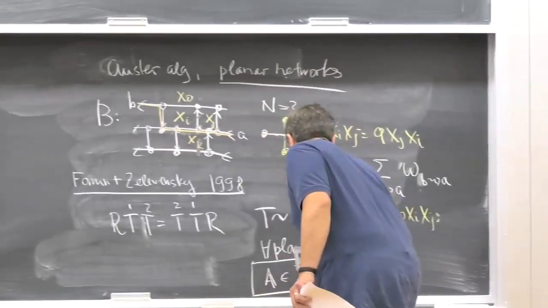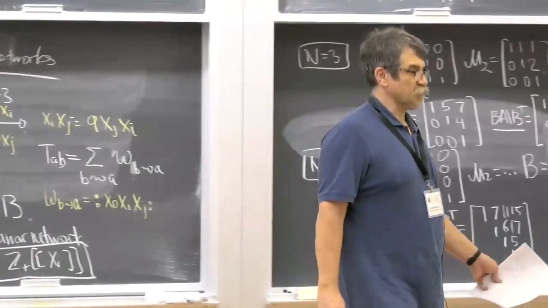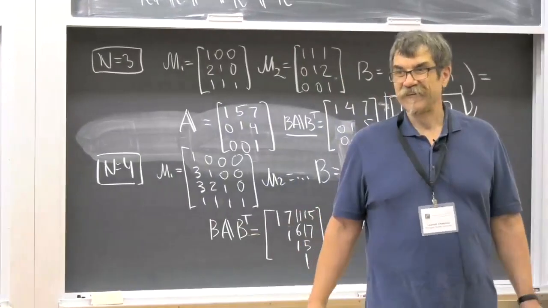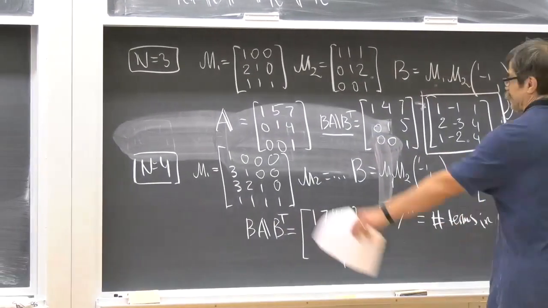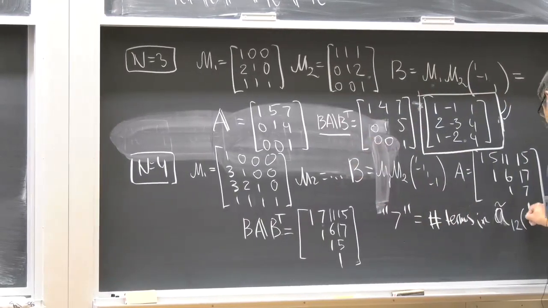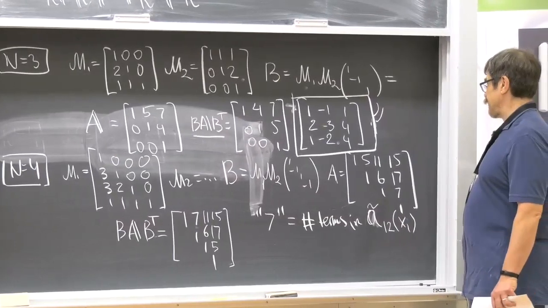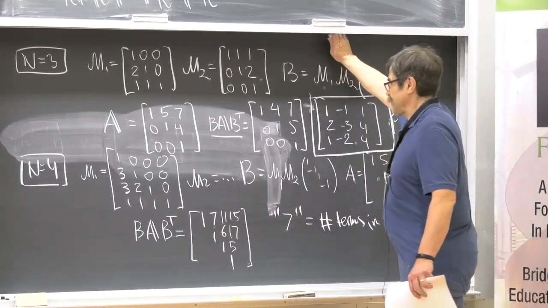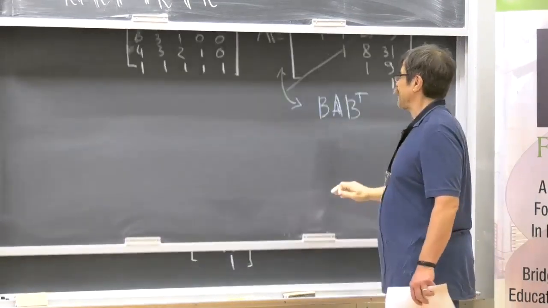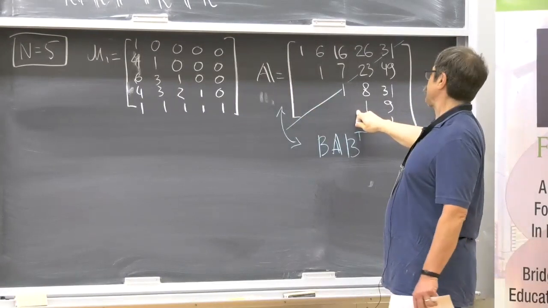You mean the sum of 7 terms? Yes, the sum of 7 monomials, monomials in these cluster variables. And you see that we have the corresponding numbers for the 4 by 4 and the 5 by 5 case.